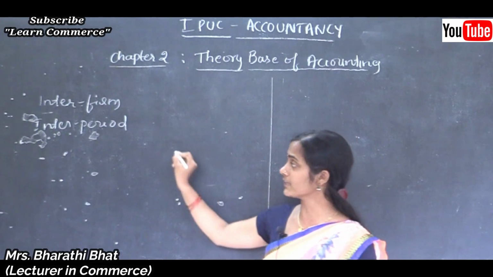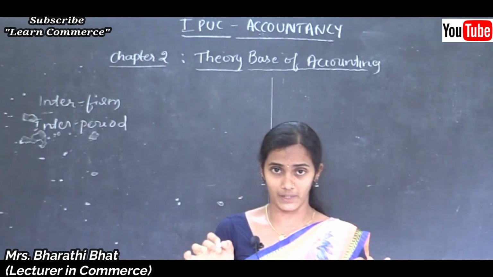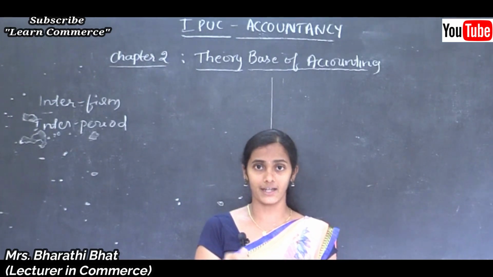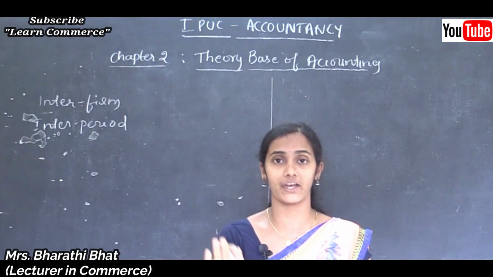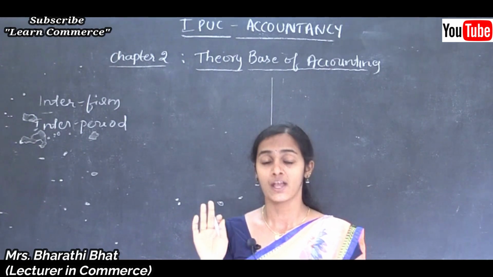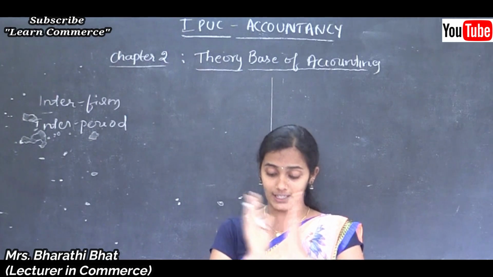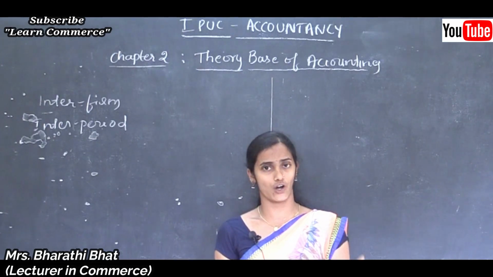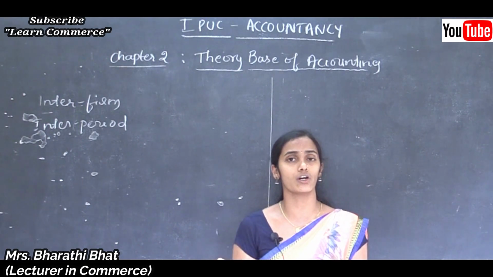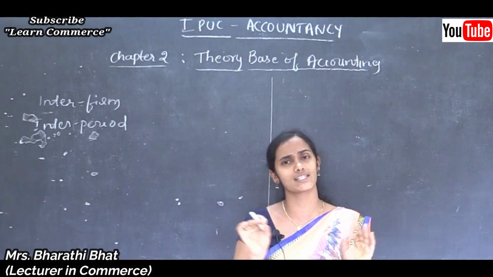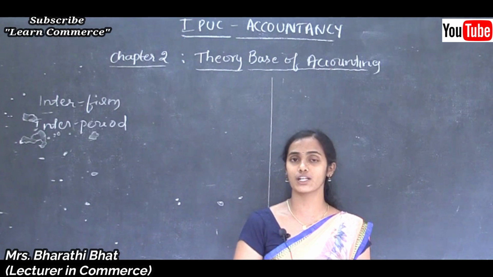Information can be compared if the organization is preparing financial statements based on the consistency method, that is, consistent accounting policies, procedures, principles and practice. Each and every organization needs to follow the same method to prepare financial statements.